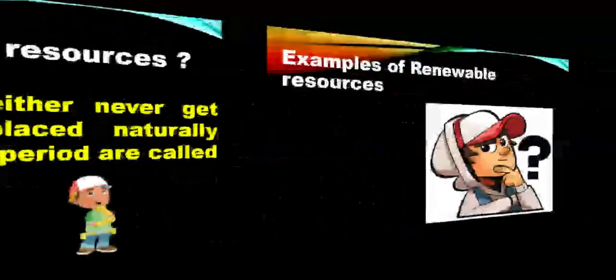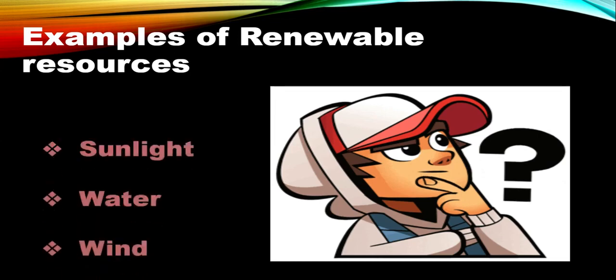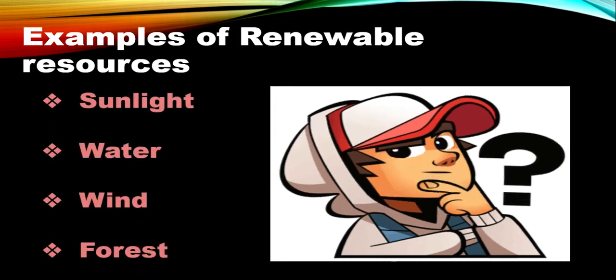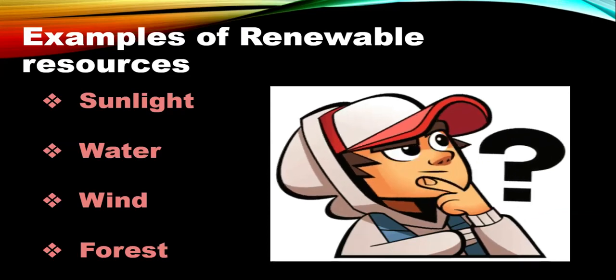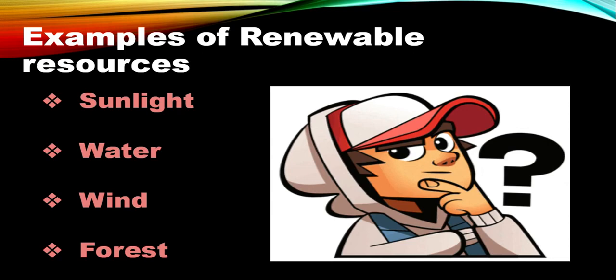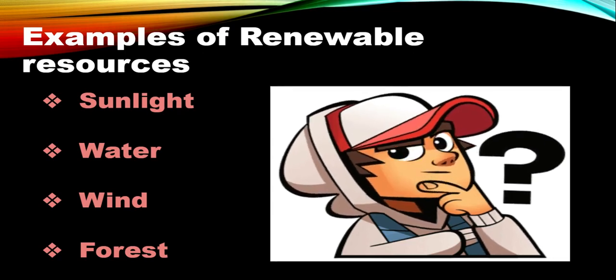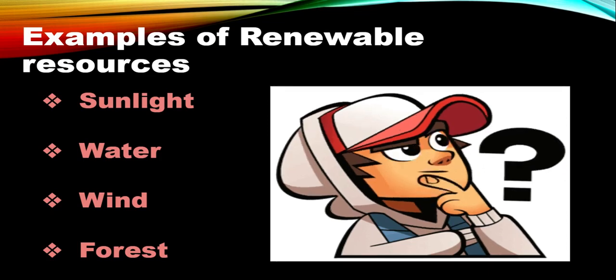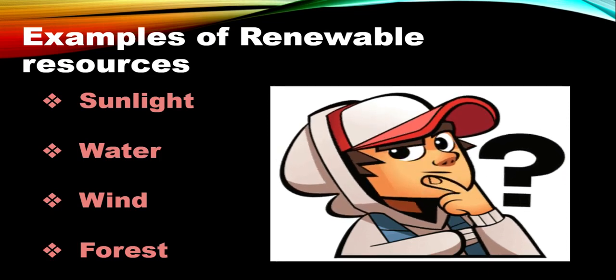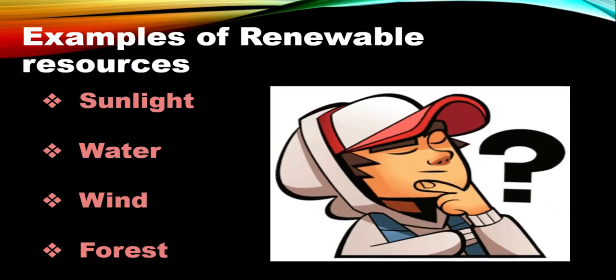For example, sunlight, wind, water, and forest. These resources will never finish. That is why we say that these resources never get exhausted and can be replaced naturally within a reasonable time period.